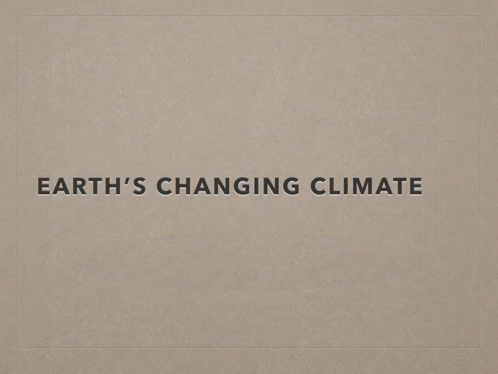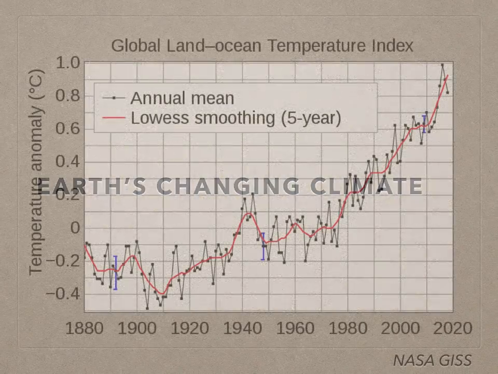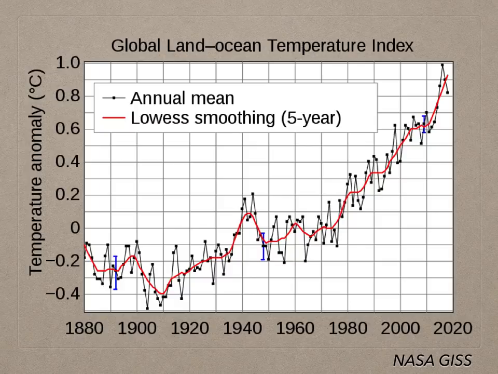So how has the planet's climate system been changing? Well, here is a figure of the anomaly or change in the Earth's surface temperature since 1880 to the present. The red line is a smooth averaging, a 5-year average of the annual values, which are shown in the black dots.